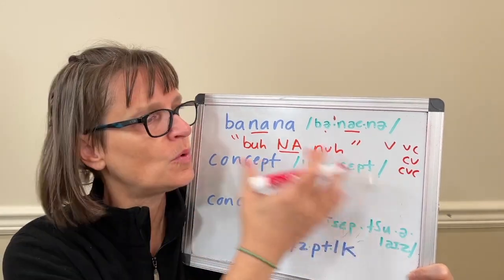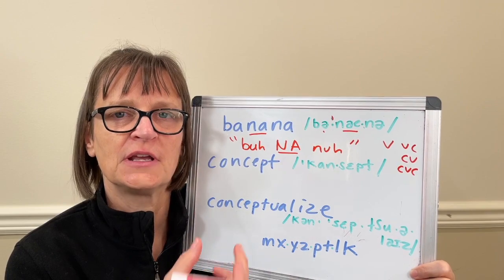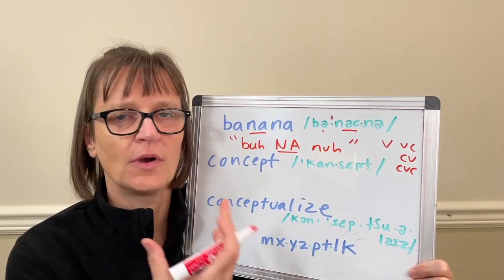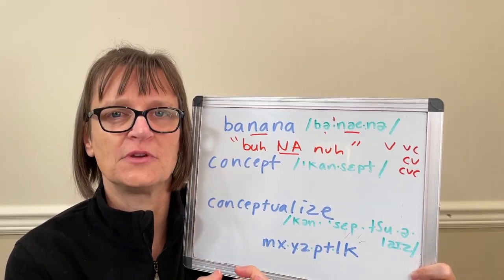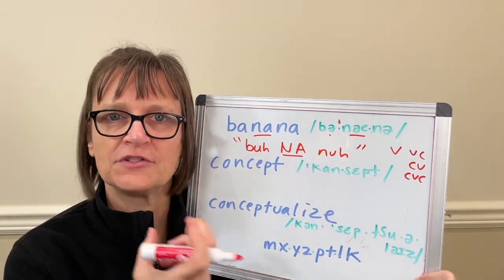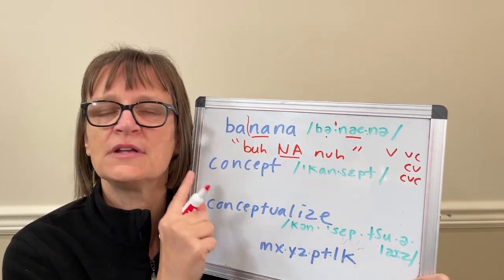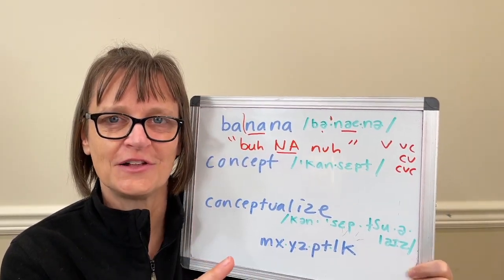But this has more to do with spelling rather than pronunciation, because in a word like banana, or any word, I'm not really breaking between the syllables. When I say banana, I don't have a stop even though my second syllable starts on the n sound. I go in and out of those vowels and consonants clearly.